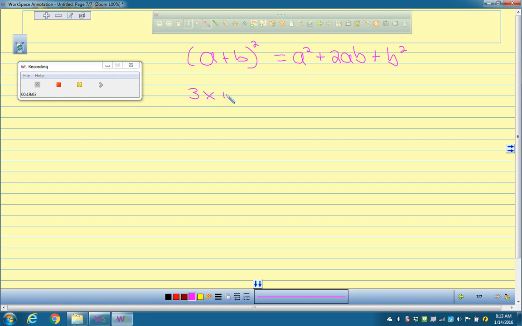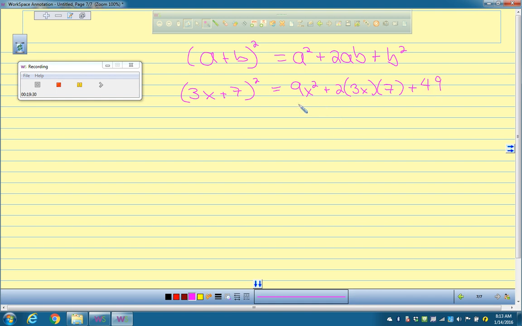So if I have like 3x plus 7, square it. If it's in this form, a shortcut is taking the first term, squaring it, plus 2 times the first term, which is 3x, times the second term, which is 7, plus 7 squared, which is 49.